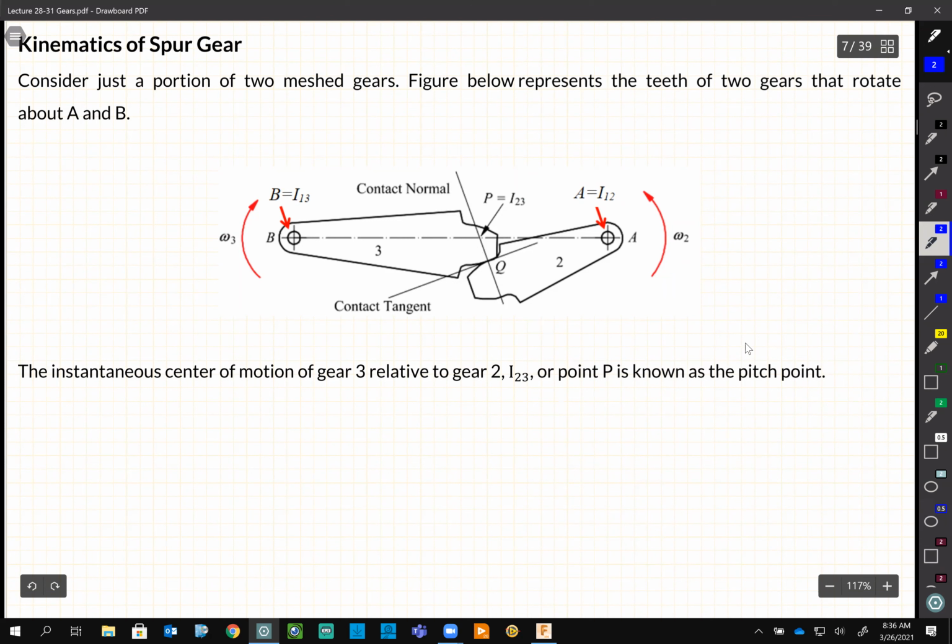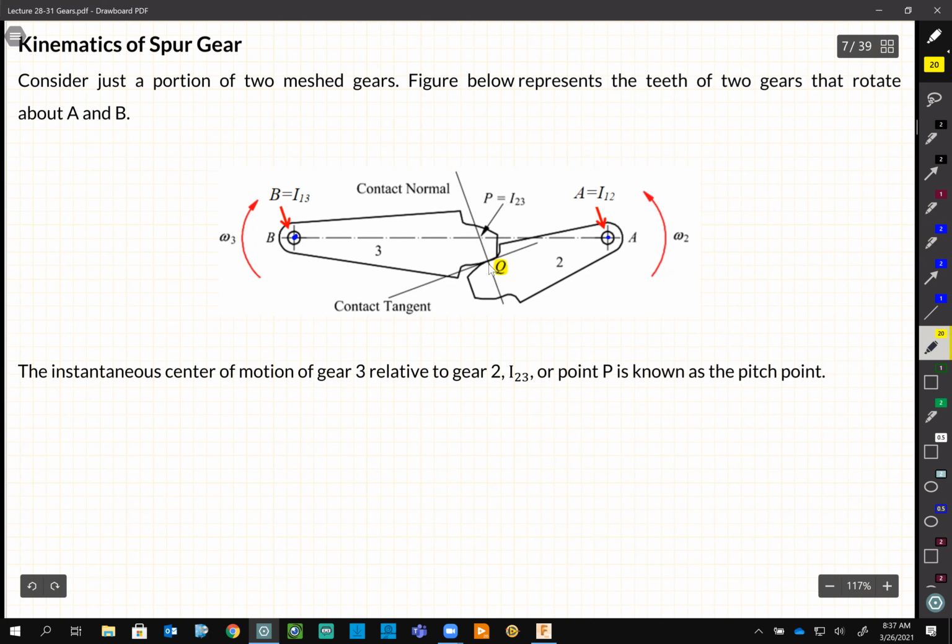This is just two teeth being engaged. So we want to treat it with the knowledge that we have so far. We can assume member 2 is joined here at point A, and member 3 is joined at point B, and they are in contact at point Q.